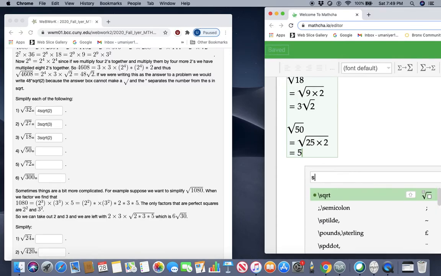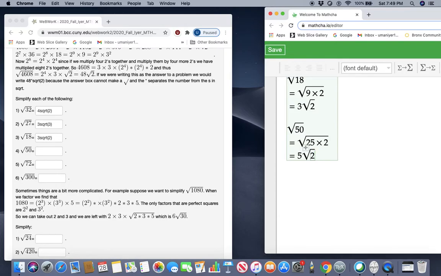Square root 2 stays inside because square root of 2 I cannot resolve. Square root of 25 I could resolve. So whatever you can resolve comes outside. Whatever you cannot resolve stays inside.